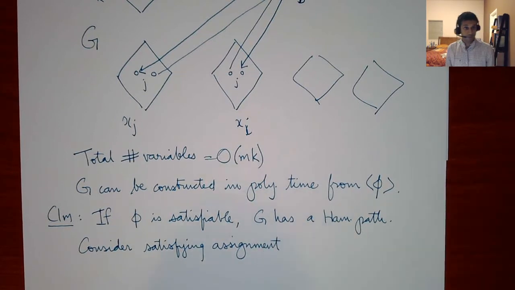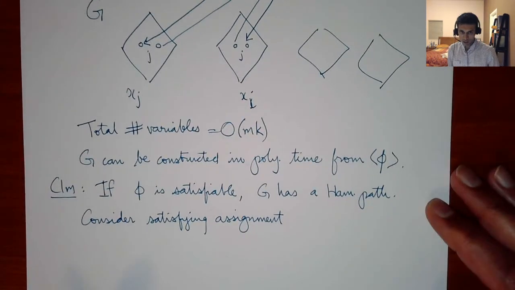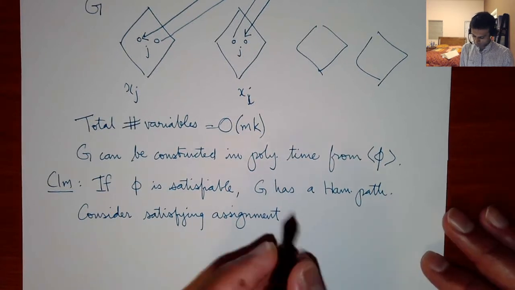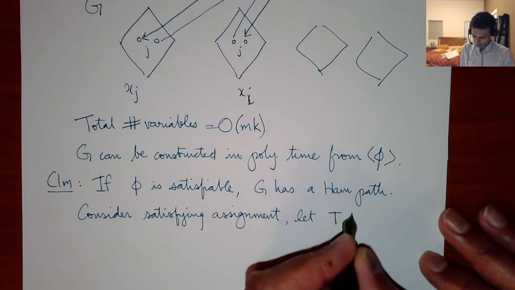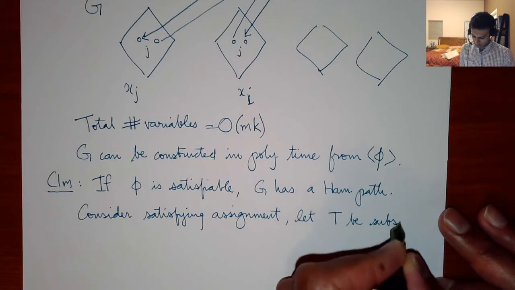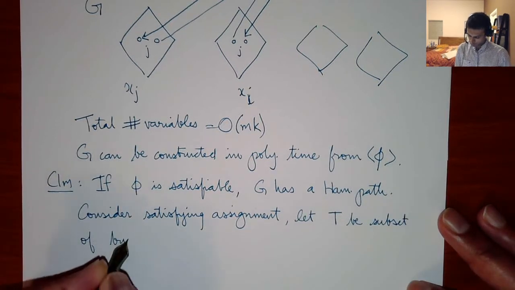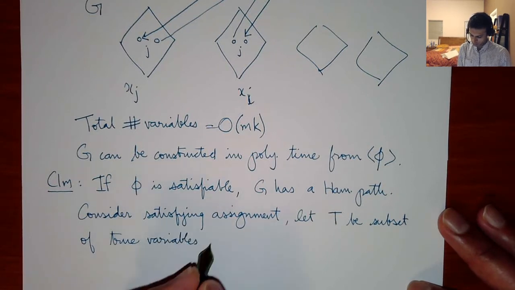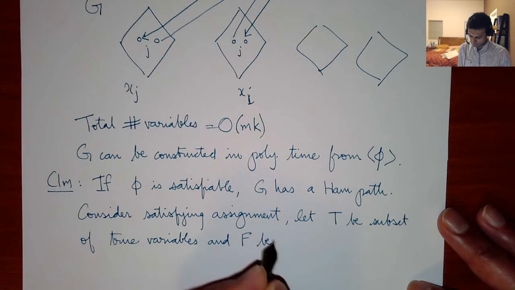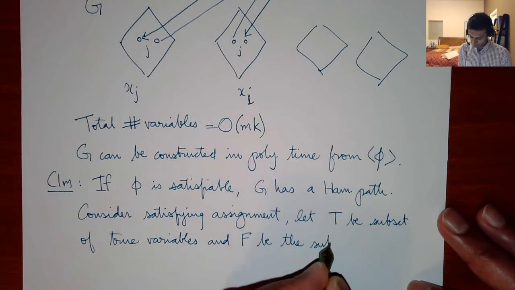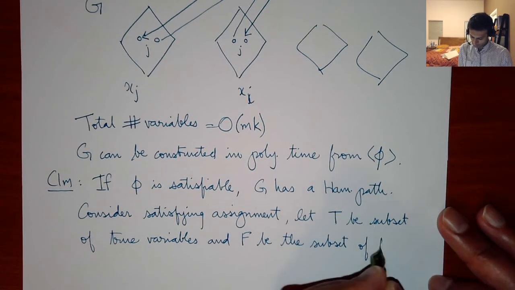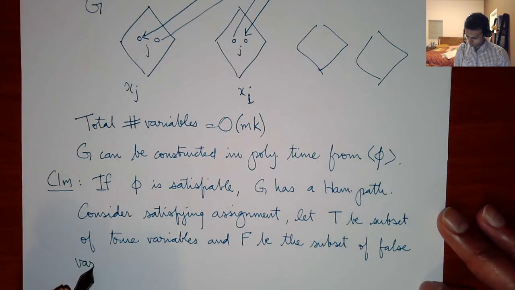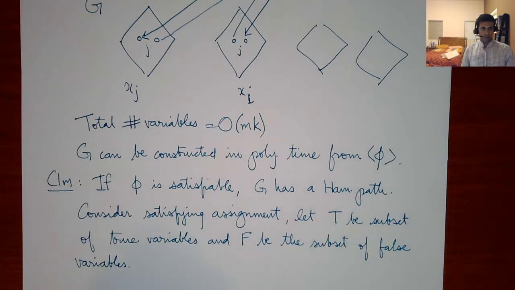So there is some satisfying assignment, and let T be the subset of true variables and F be the subset of false variables. So T is a set of true variables, F is a set of false variables.